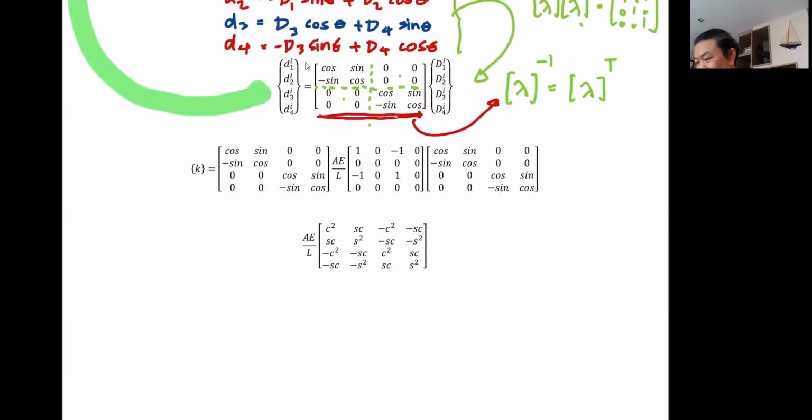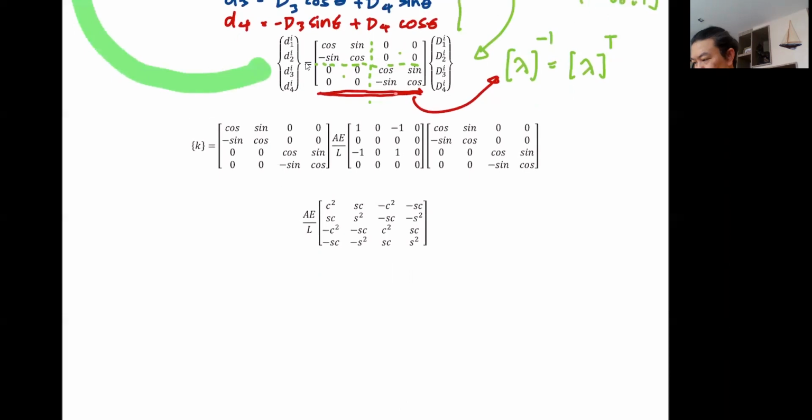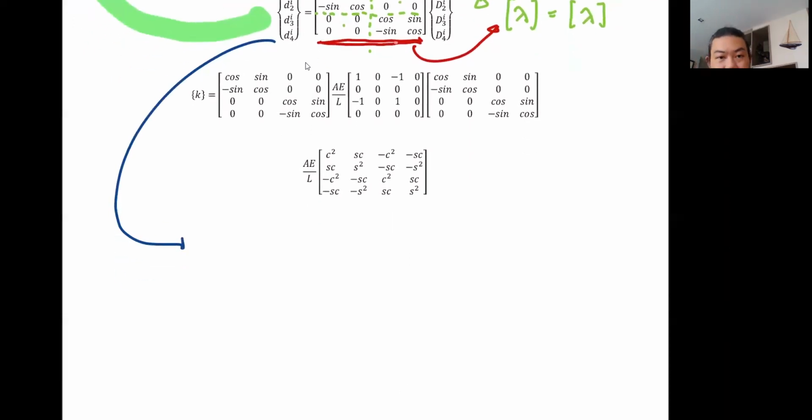So, okay. Before we go to that, let's rewrite this. From this, the normal, say the lowercase letter, is the local axis. The capital one or the uppercase is the global. So from that, I can write this.